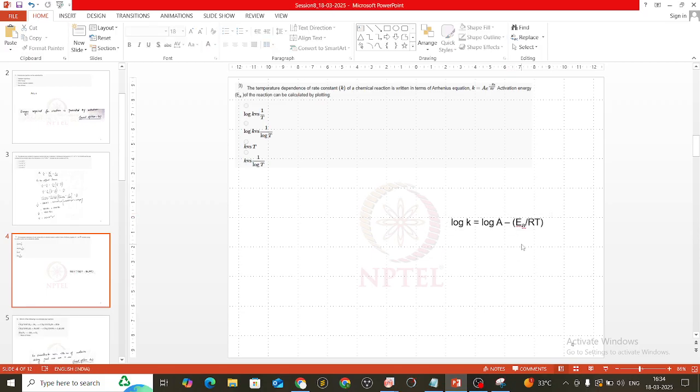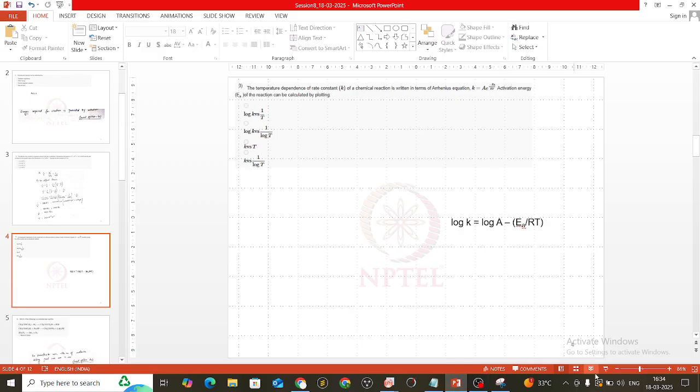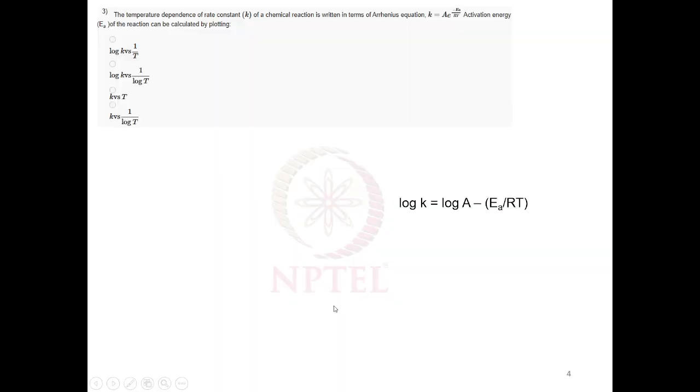So here you already came to know log k versus 1 by T, right? The temperature dependency of a reaction depends on log k, and the activation energy of the reaction can be calculated.